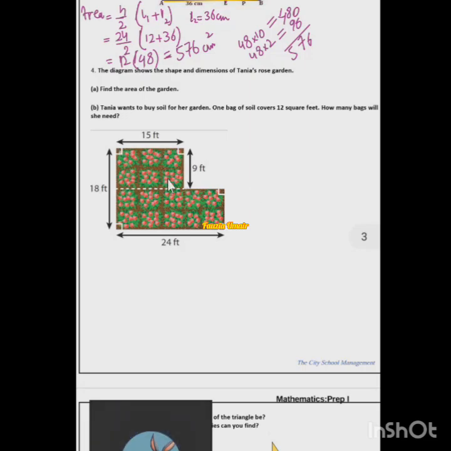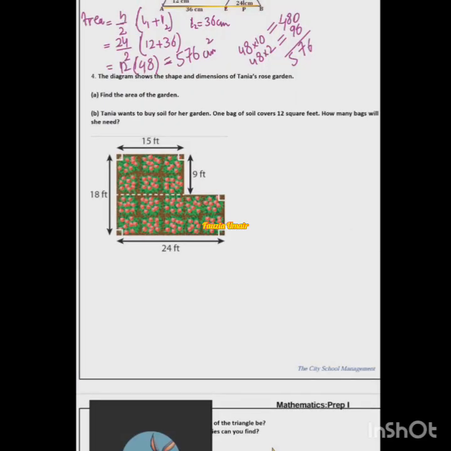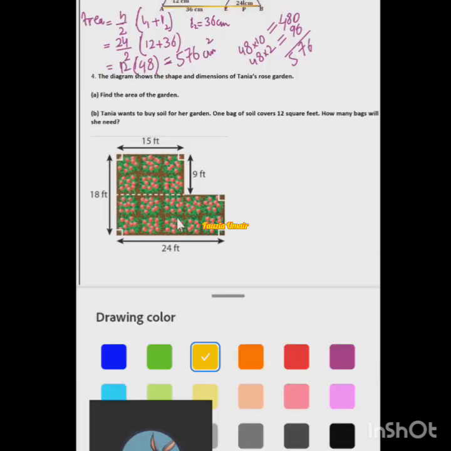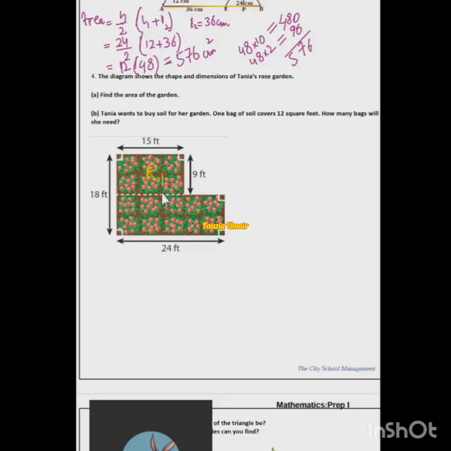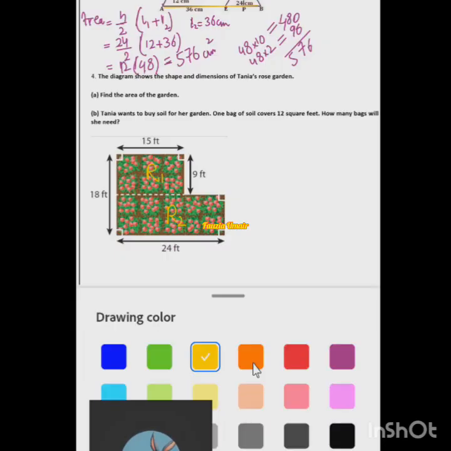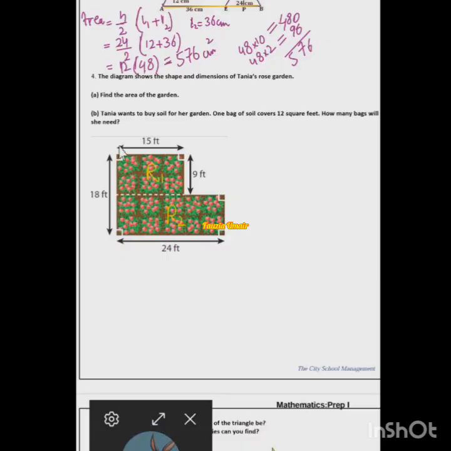So we need to find the area of rectangle 1 and then the area of rectangle 2. For rectangle 1, I know this side is 15 and this is 9, right?